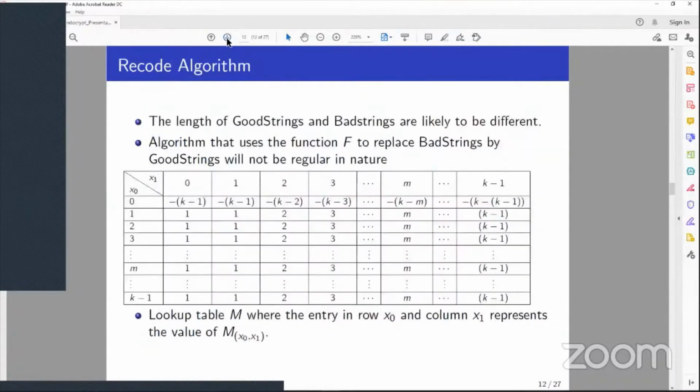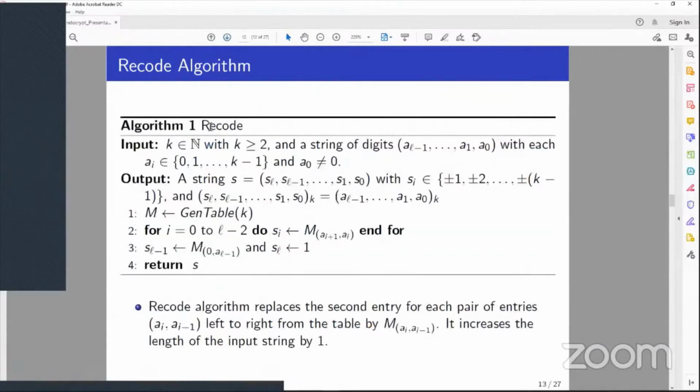So in that case, we give a table which we call a lookup table. What our regular recode algorithm does is trace the scalar from left to right, and for a_i and a_{i-1}, we replace that digit with the entry from the lookup table at that particular position.